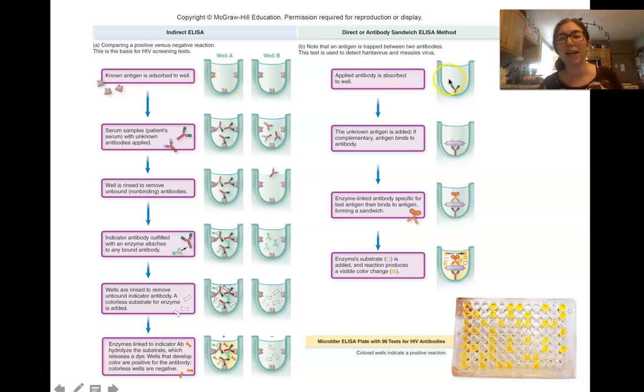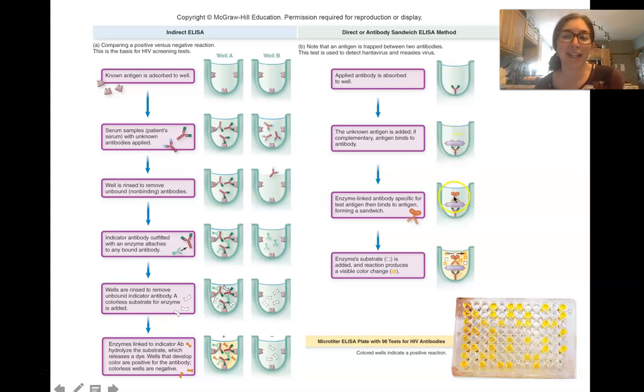All right, so in the direct ELISA, instead of fusing antigen to the wells, you fuse an antibody. You fuse multiple antibodies to the well, and then you add the patient's sample, maybe a blood sample, and if there is antigen there, if they're positive for that microbe, the microbe will stick to the antibody.